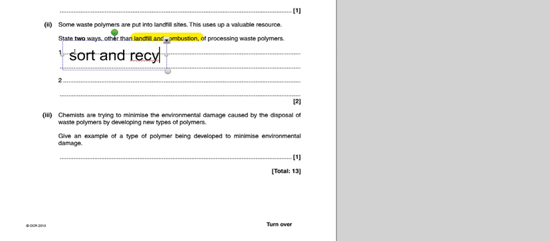So what you can mention: sort and recycle. And secondly, you've got a couple of options here. You could say cracking, and essentially the cracking is to produce organic feedstock, which is the key one really. So use as organic feedstock.